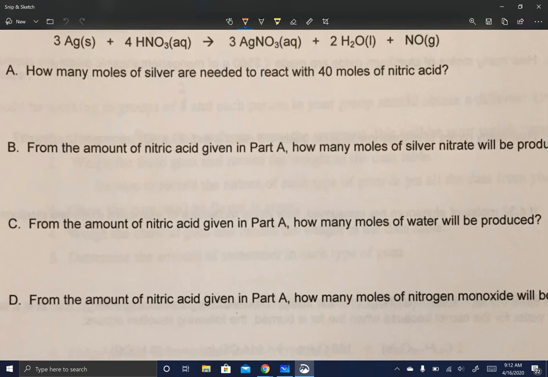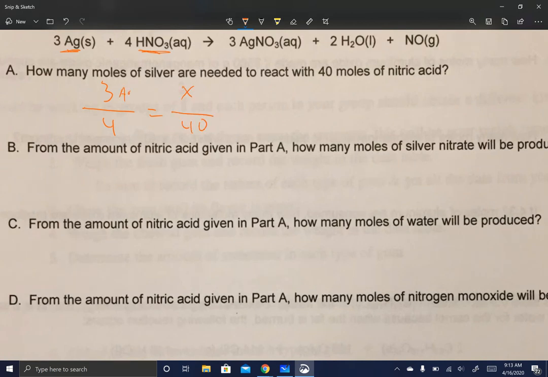All right, so part A, using this equation here, how many moles of silver, that's Ag, are needed to react with 40 moles of nitric acid? So it's 3 to 4, and then we want to know how many react with 40, right? If it's 3 moles to 4 moles, then how many moles to 40?